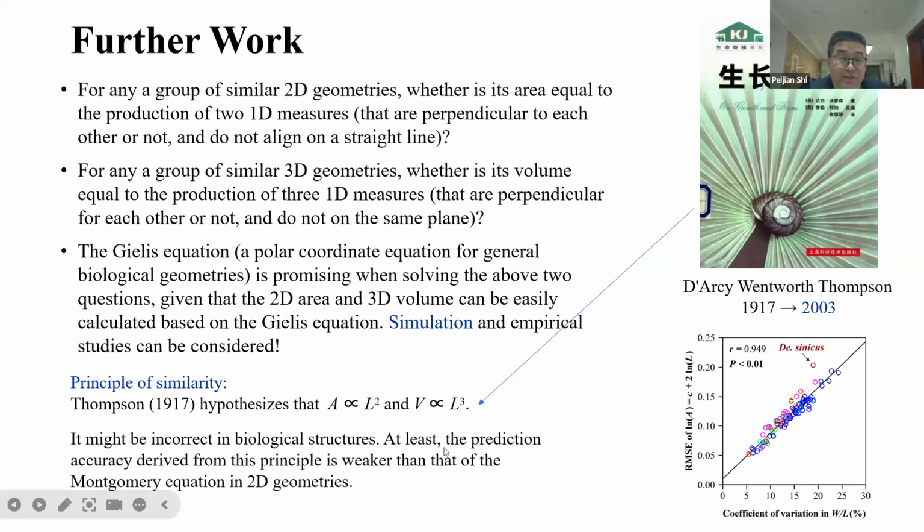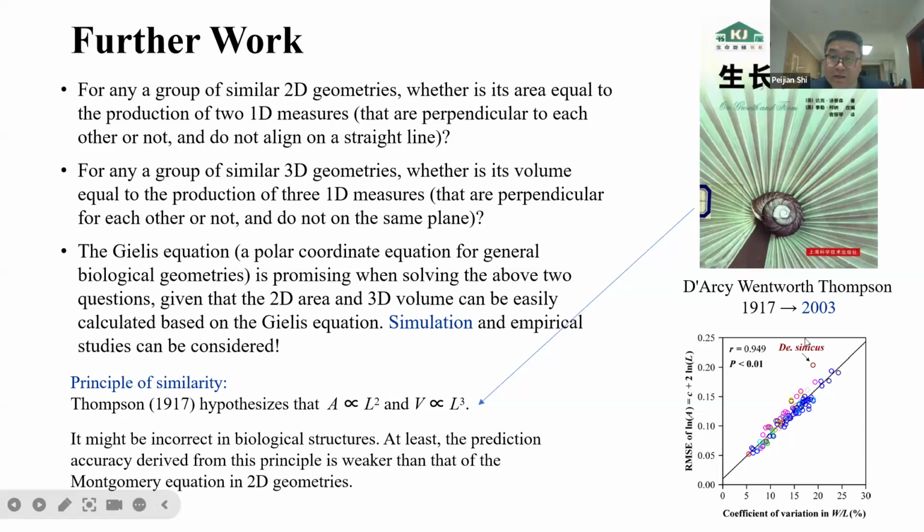At least the prediction accuracy derived from this principle is weaker than that of the Montgomery equation in two-dimensional geometries.